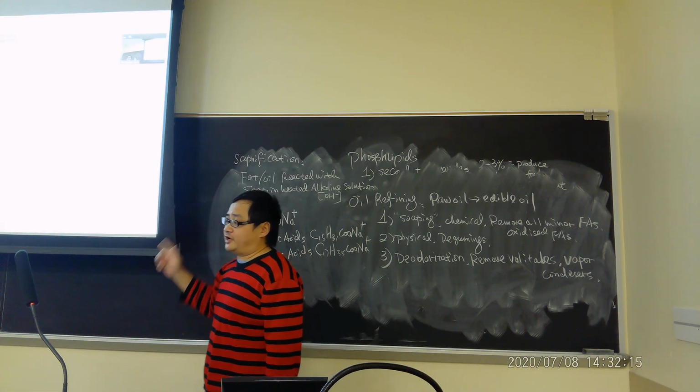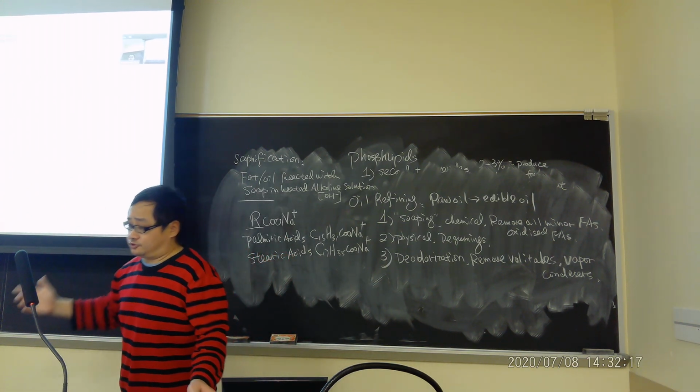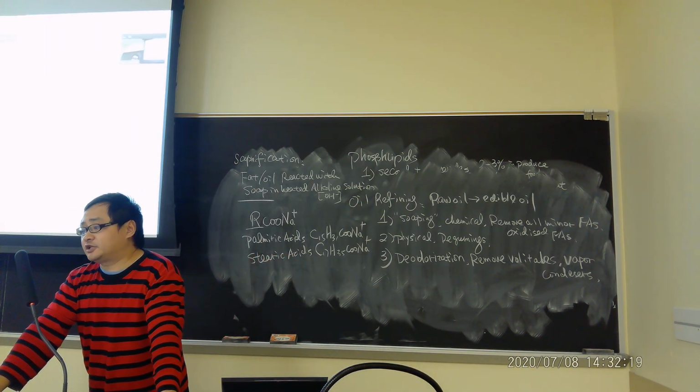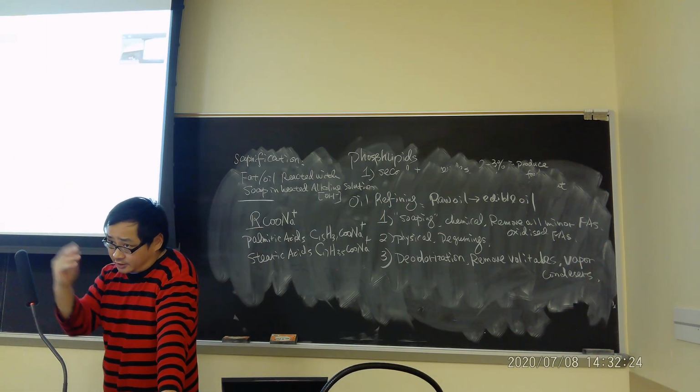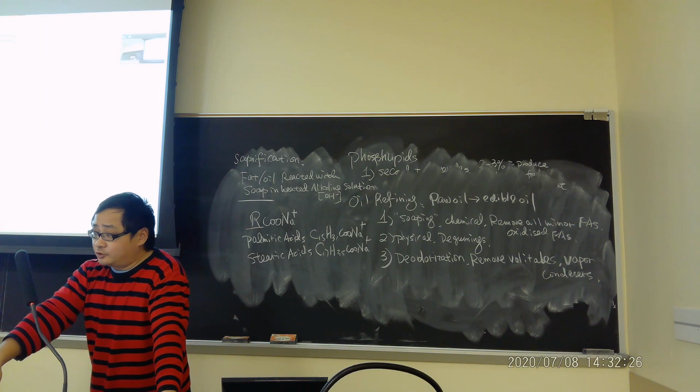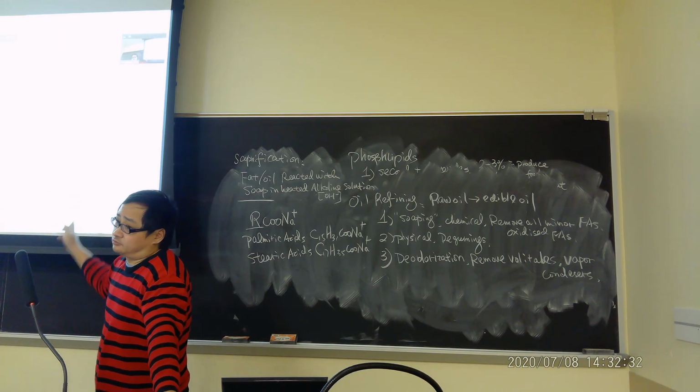Number two, this is a very volatile compound during plant metabolism. What I mean by volatile is it can be evaporated into the air, and you will inhale it. Which is the most volatile compound? Methanol, and the terpenes are the second one.